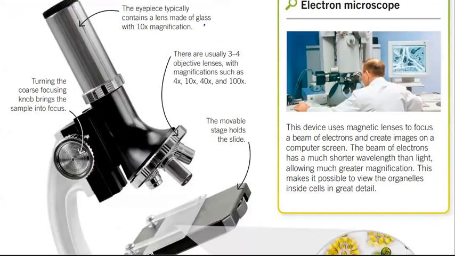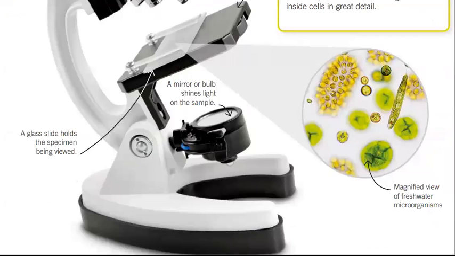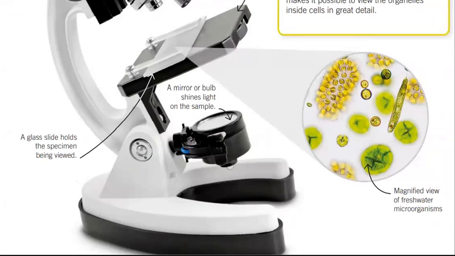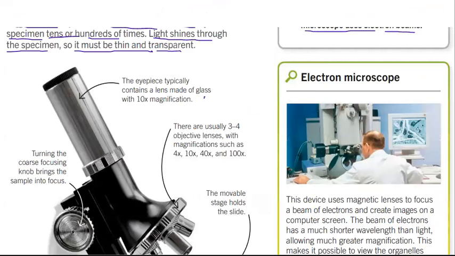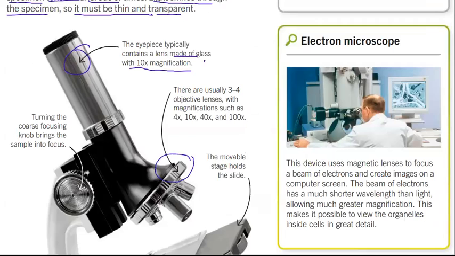This is the picture of a light microscope. Here, this part is the eyepiece, which typically contains a lens made of glass with 10 times magnification. And this location is the objective lenses, usually 3 to 4, with magnifications such as 4x, 10x, 40x, 100x.